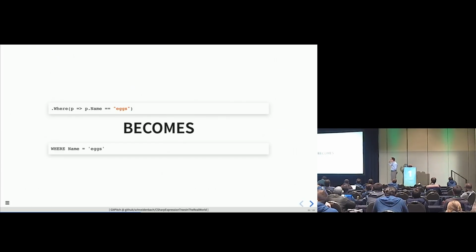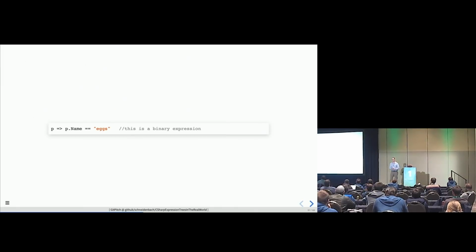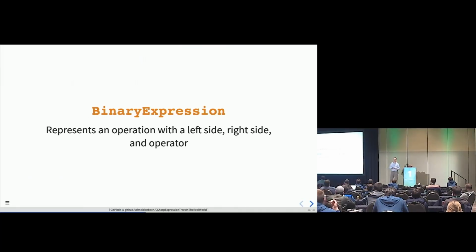So when we pass in p.name equals eggs, it becomes where name equals eggs. It becomes something that SQL can interpret. It becomes the SQL language. This is what's called a binary expression, and a binary expression is really important because it represents something that has a left side, a right side, and an operator in the middle. Greater than or equal to, equals, not equals, that kind of thing.